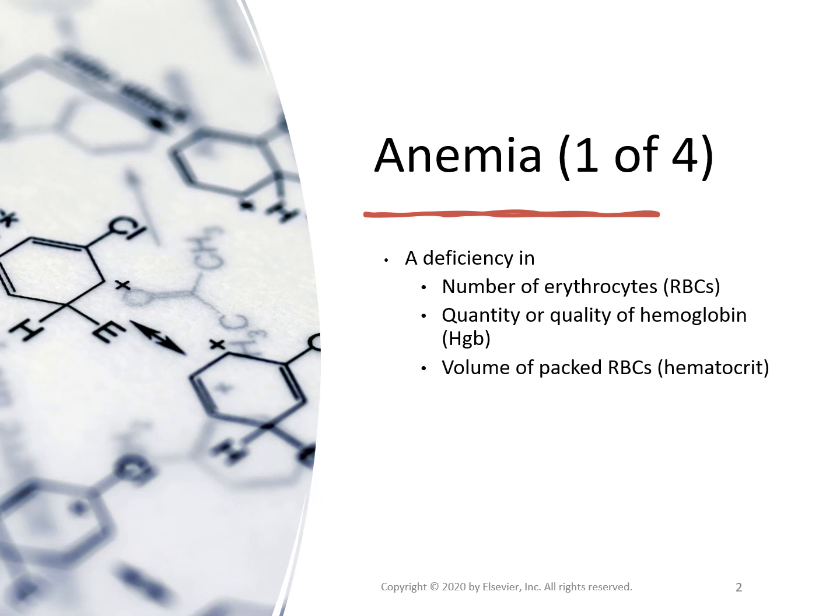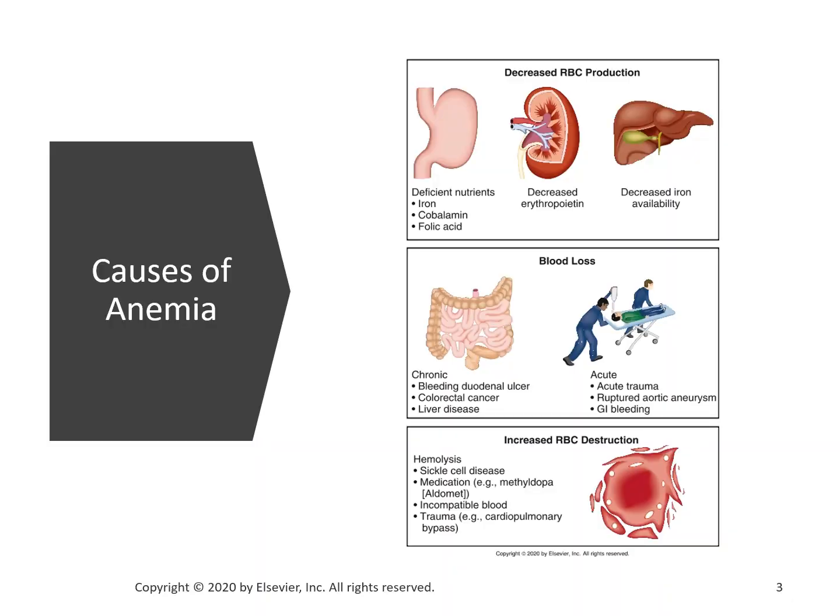Anemia is widely seen, and it is the deficiency in the number of our red cells, hemoglobin, and hematocrit, and that's what anemia is. It's decreasing those three indices. The causes: decreased red blood cell production, and this shows you some of those reasons.